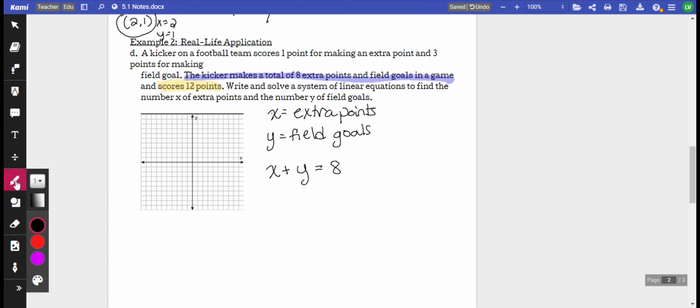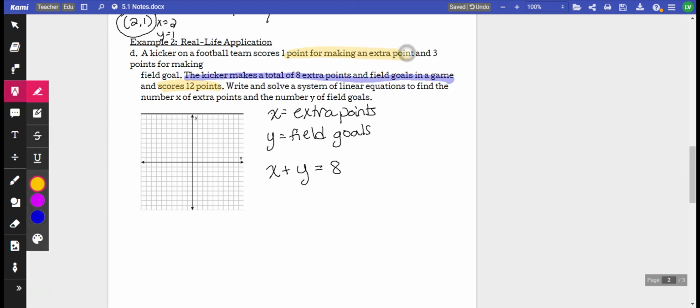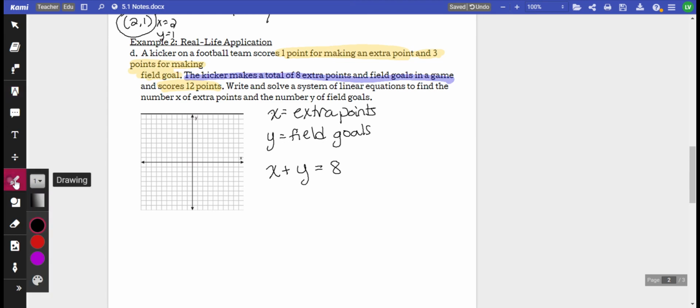Well, what we do know is that each extra point is worth 1, and each field goal is worth 3. So 1x plus 3y, and we know it's a total of 12. Well, now we have our system of equations.